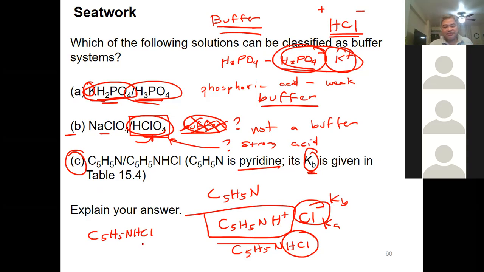But with this one, you cannot say HCl is there because HCl is part of the whole salt. So you have a weak base and its conjugate salt, then this is a buffer. So makakakuha kayong tama sa tanong na ganito.